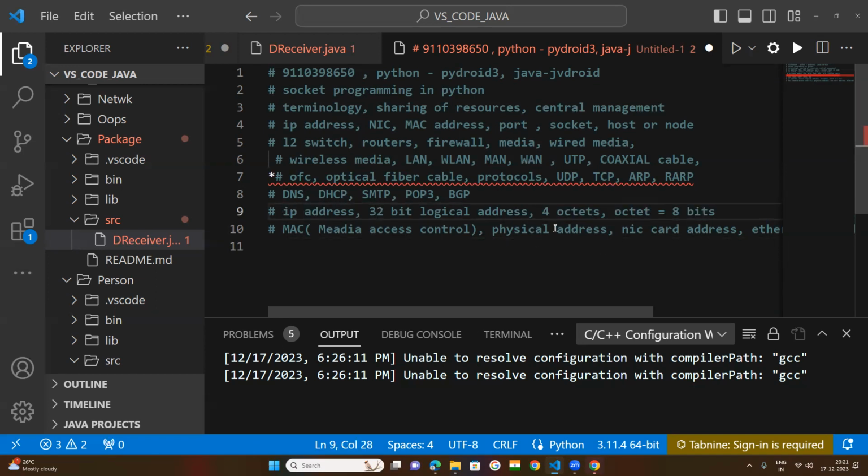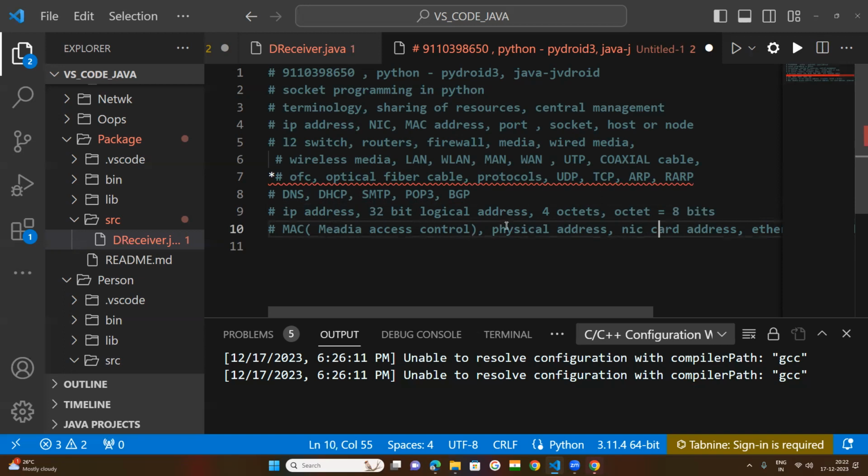And whenever you understand IP address, you can study about class A addresses, class B, class C, like that. Now media access control: this is a physical address, a permanent address.